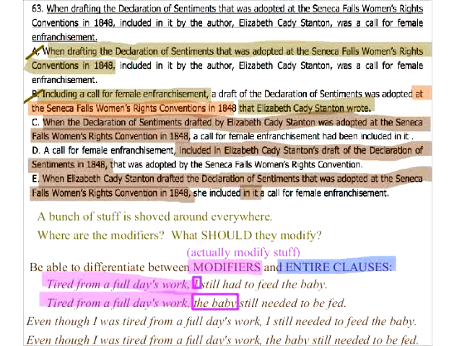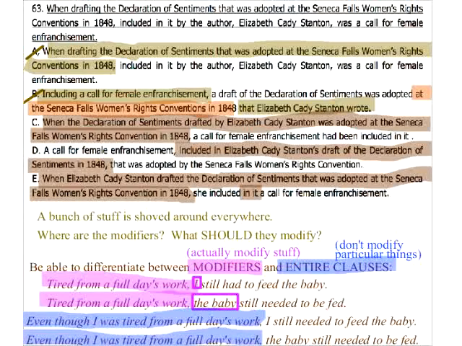So they don't modify particular elements. So as long as they're placed in some place that makes sense, those are fine. So both of these latter ones are correct because they both make sense and you're not modifying me or the baby because those are separate clauses.